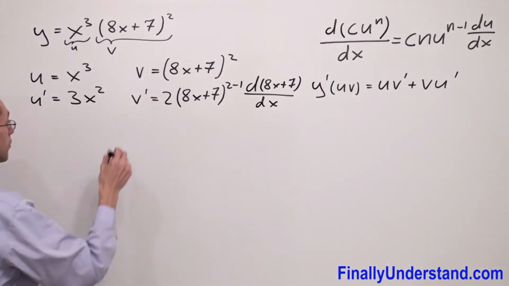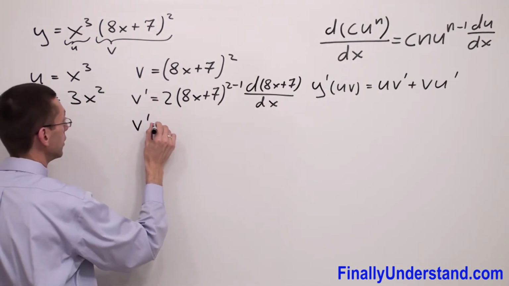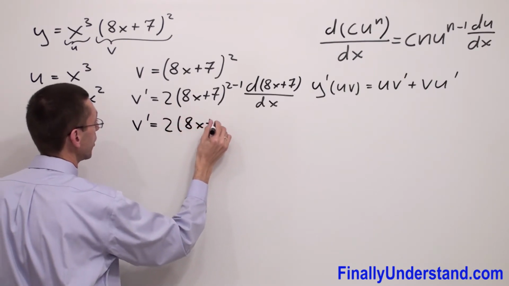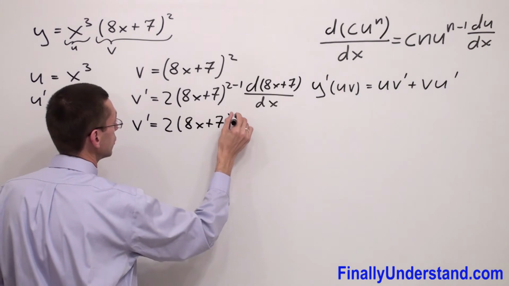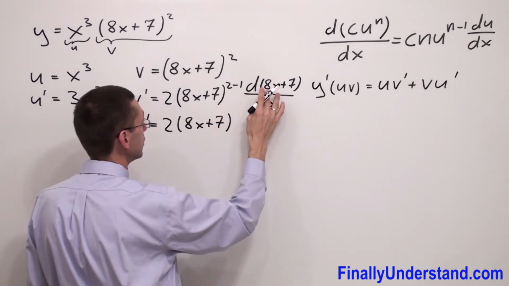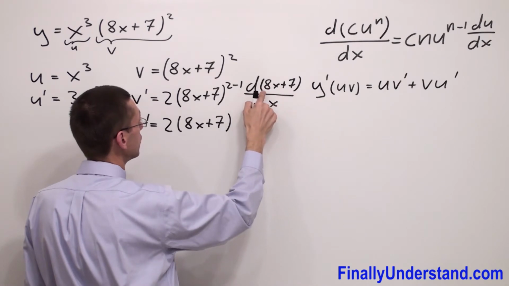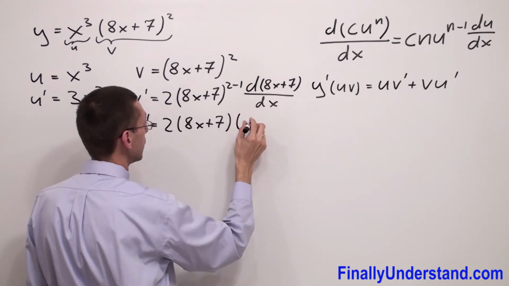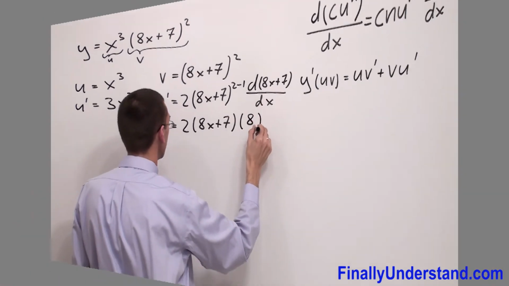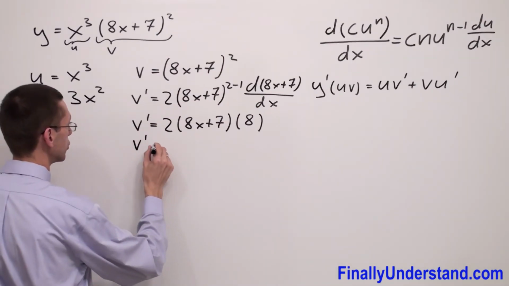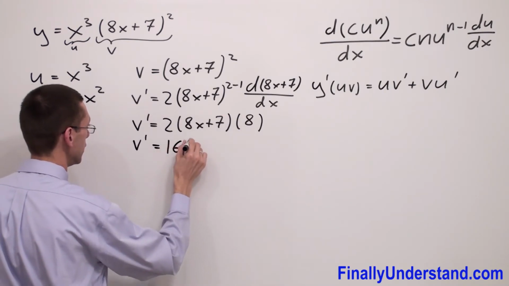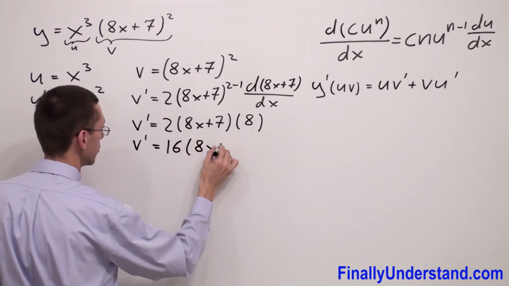So v prime is equal to (8x plus 7) to the first power, I'm not going to write it, times the derivative of the sum. The derivative of 8x is equal to 8, and the derivative of 7 is equal to 0. So v prime is equal to 2 times 8 is 16, times (8x plus 7).